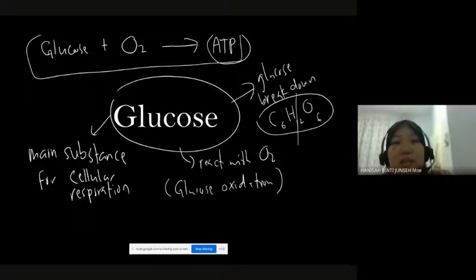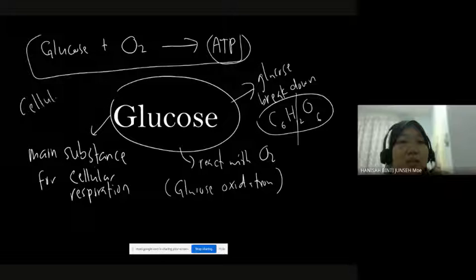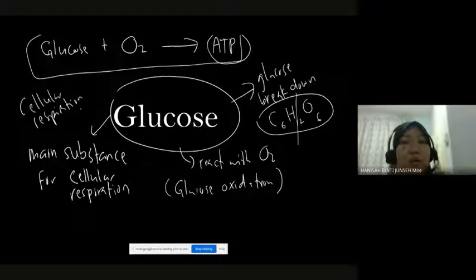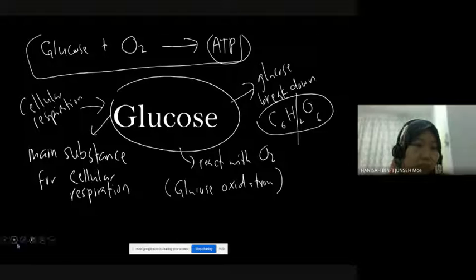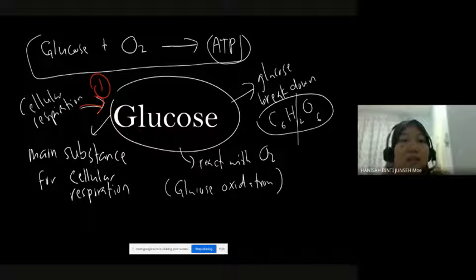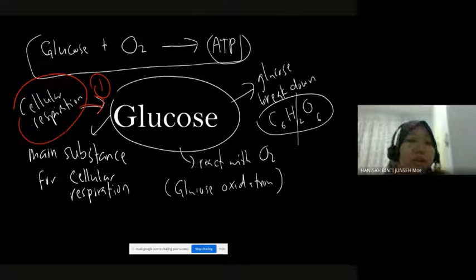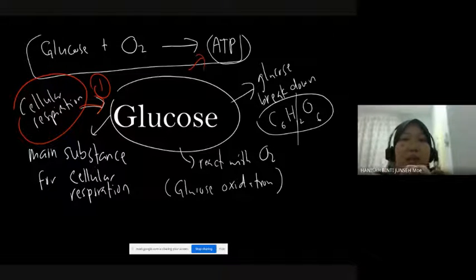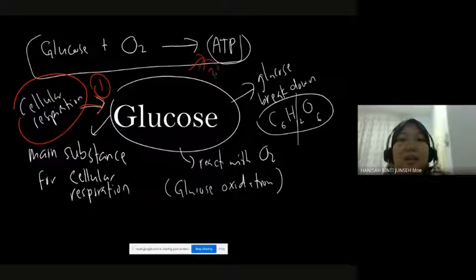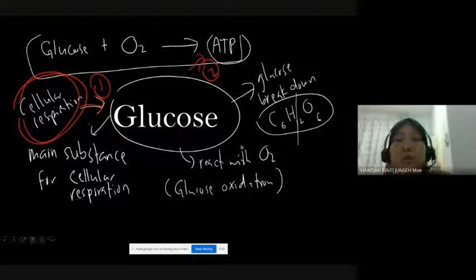So cellular respiration involves glucose oxidation, and can also be said as ATP synthesis or ATP energy production. And cellular respiration can also be known as a process of glucose breakdown.